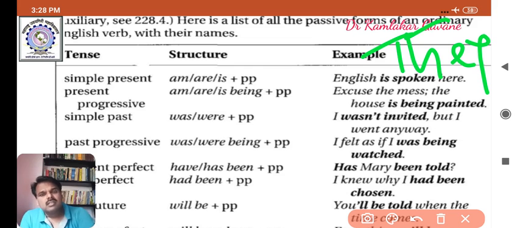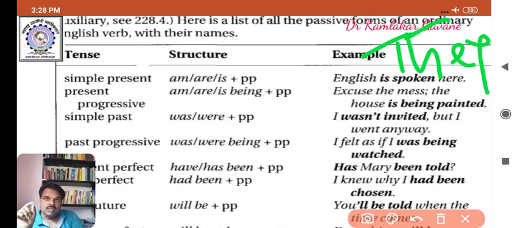What is the use of this kind of construction when we write English or speak English? These passive voice constructions are used in journalism, in newspapers, in magazines, articles, also research papers, scientific writings and technical writings, manuals.